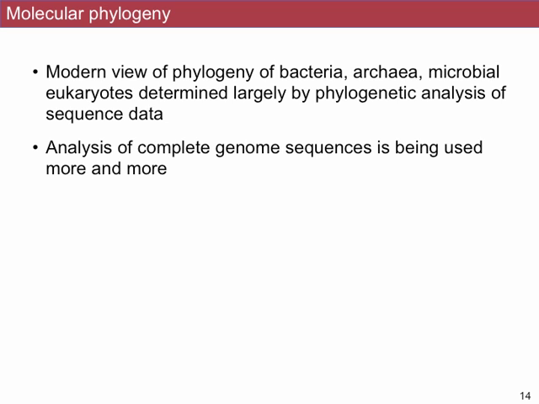So the relationships within the three domains, a lot of that is based upon molecular data. In particular, for bacteria and Archaea, this is true. For microbial eukaryotes, for many of them, there are morphological and other features that are very informative for phylogenetic analysis, and I will show you some examples of this today. But for bacteria and Archaea, in general, the morphology of them, just as it was not useful for discovering this third branch in the tree, is also not useful for sub-classification within each of the branches.